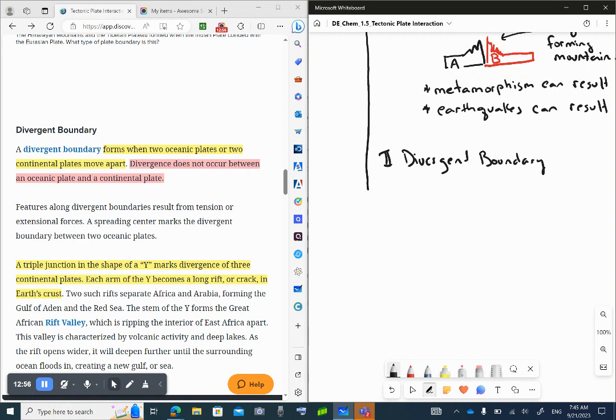And we can take the highlighted definition. There forms when two oceanic plates or two continental plates move apart. Okay, notice in pink here, divergence does not occur between ocean to continental plates. Okay, so let's write down a definition. Forms between two oceanic plates.